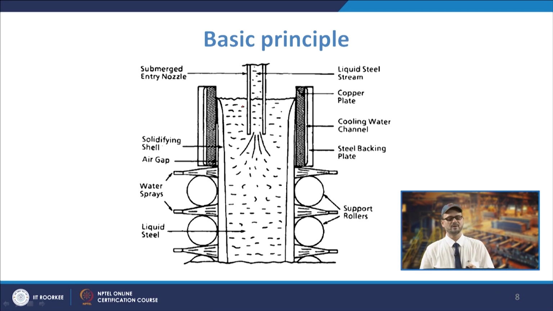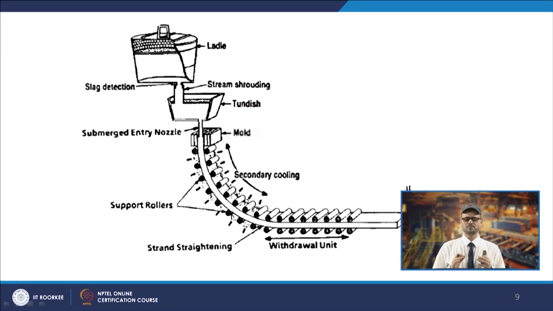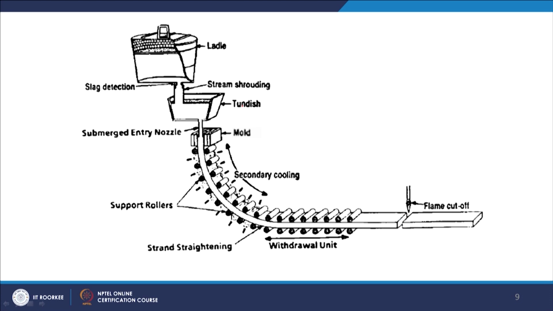Now, if you look at the typical continuous casting unit as we were discussing, you have the ladle, and as you see, this ladle will be bringing the liquid metal. Then you have the tundish.